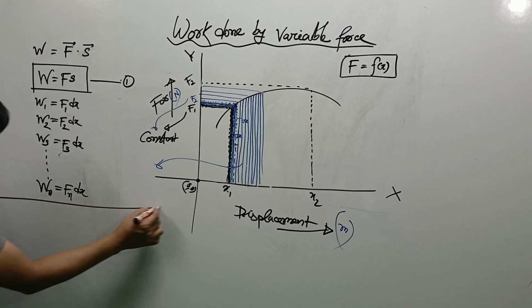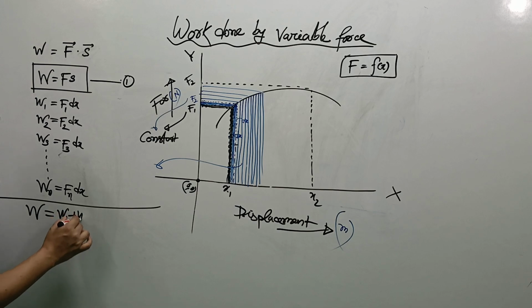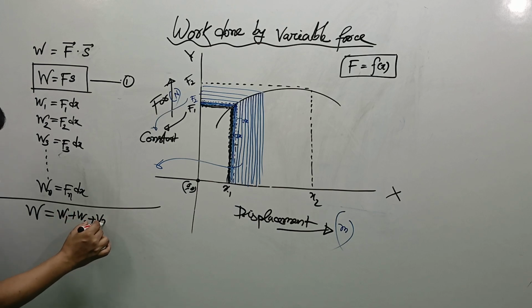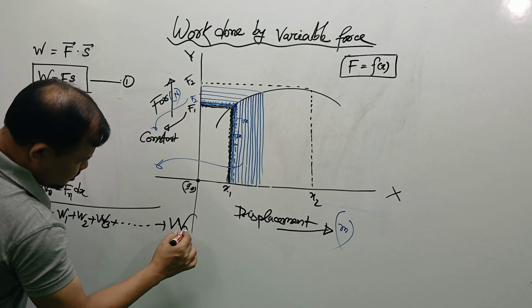Now our duty is summation. After summation we get the total work. Suppose the total work W is equal to W1 plus W2 plus W3 plus up to Wn.